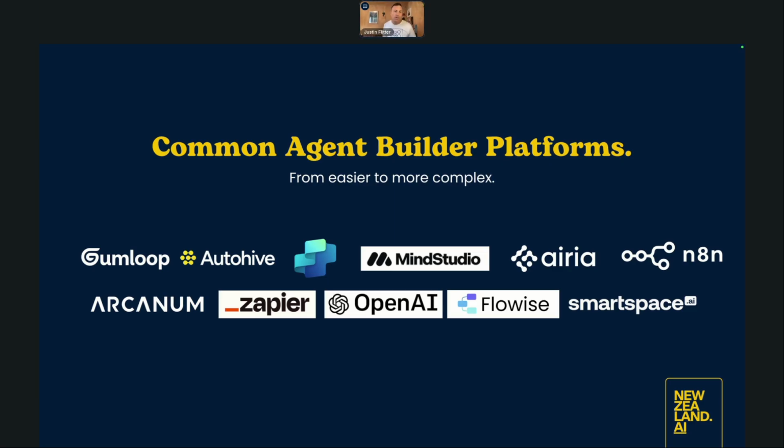So Gumloop, and I've kind of tried to organize these, right? So Gumloop, pretty relatively easy to do. Zapier as well, relatively easy to set up. AutoHive we're going to demo. Copilot Studio we're going to demo. Mind Studio, Justine's done a little webinar with us on Mind Studio.